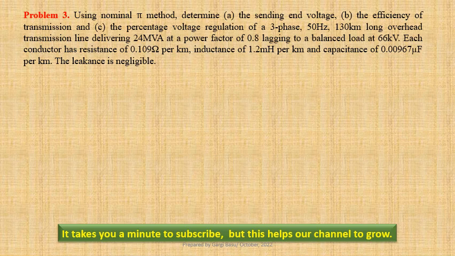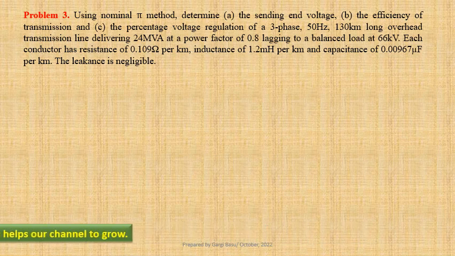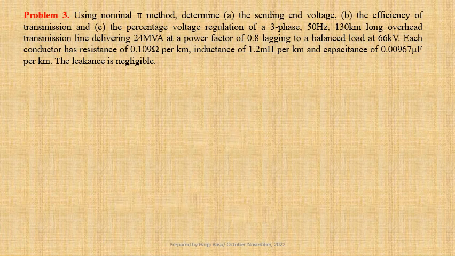Each conductor has resistance of 0.109 ohm per kilometer, inductance of 1.2 millihenry per kilometer, and capacitance of 0.00967 microfarad per kilometer. Let us first write down the given data.